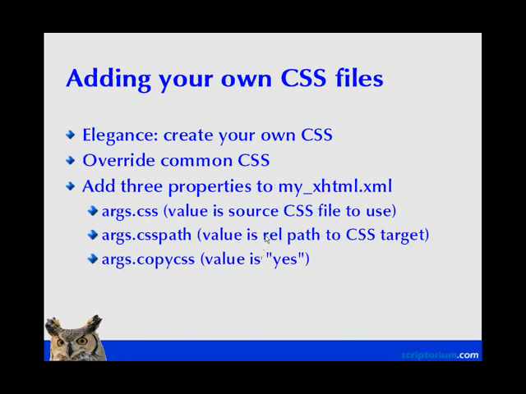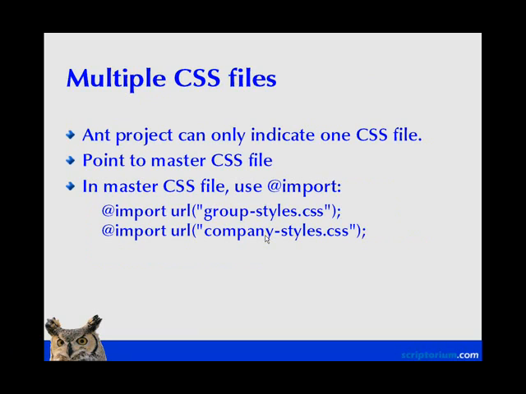And there's one other thing to know about using CSS files, and that is, if you notice through this approach, this only allows you to specify one CSS file. What happens if you've got multiple CSS files you need to bring in? Well, CSS has a nice little directive called @import, and @import allows you to specify another CSS file to import into your CSS.